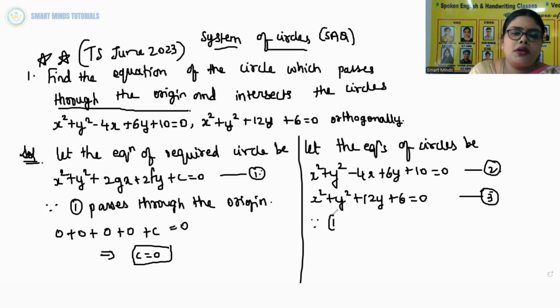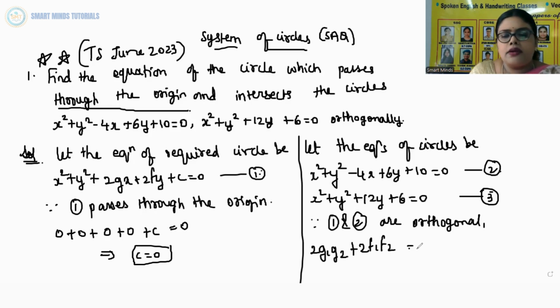Since equation number 1 and 2 are orthogonal, what is the orthogonal condition? 2g1g2 plus 2f1f2 is equal to c1 plus c2. Now from the first equation we will take g, f, c, so that is the general equation. In the place of g, f, c you have g, f, c only. So we take g1 is equal to g, f1 is equal to f, c1 is equal to c.